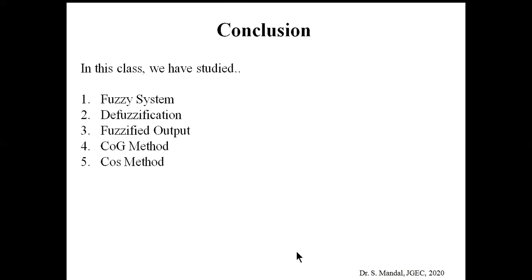But centroid methods are the most popular among them. COG and COS are widely used for defuzzification in the fuzzy logic controller. In the next class we will study a real life fuzzy logic controller system and observe how it operates.